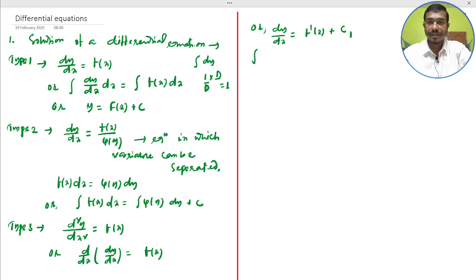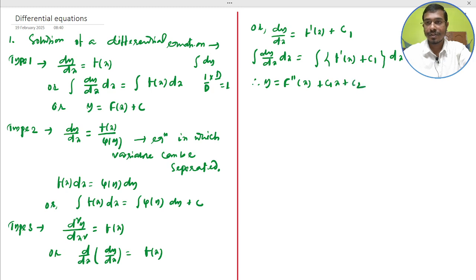Integrate again: the integral of dy/dx equals the integral of f'(x) + c1 dx plus the second integration constant. Therefore y = f''(x) + c1x + c2. This would be the final solution.